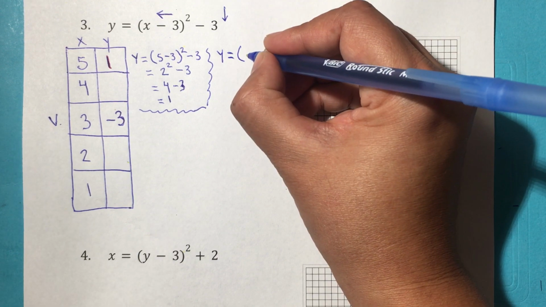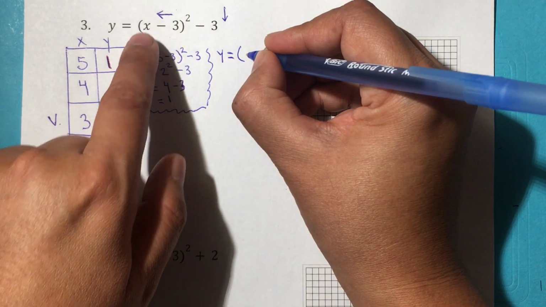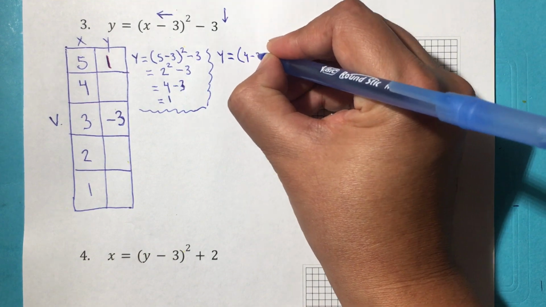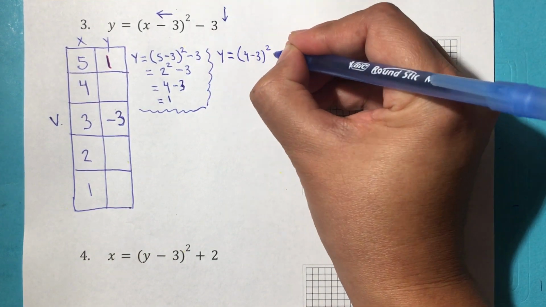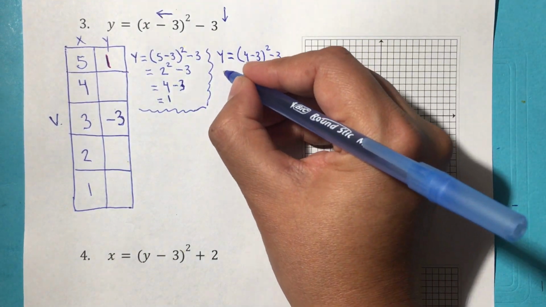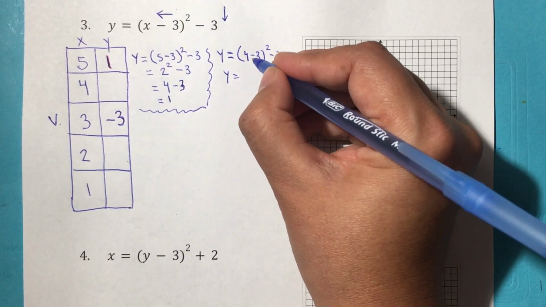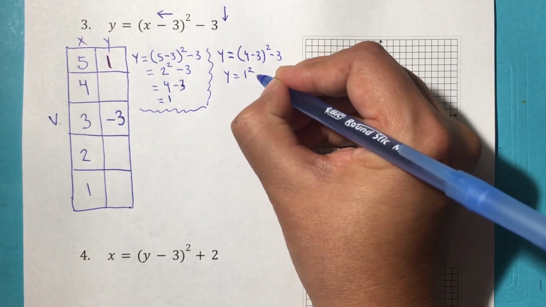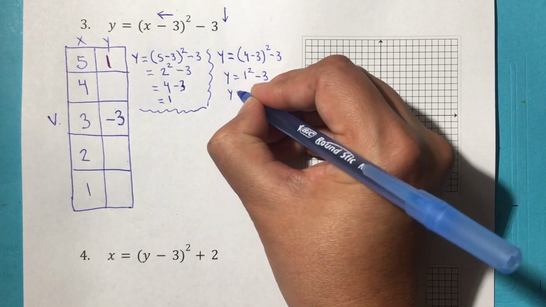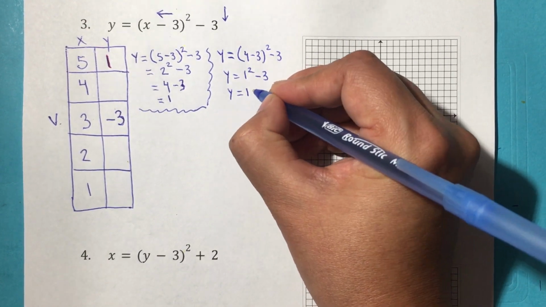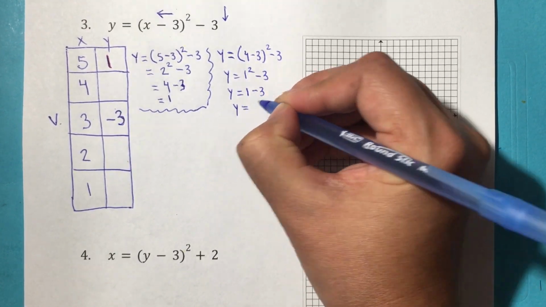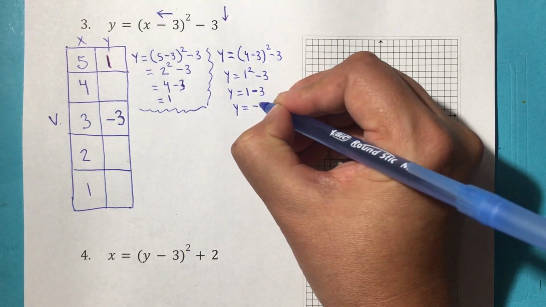Okay, so y is equal to, the value of x is 4 minus 3 squared minus 3. 4 minus 3 is 1 squared minus 3. 1 squared is 1 minus 3. And 1 minus 3 is negative 2.